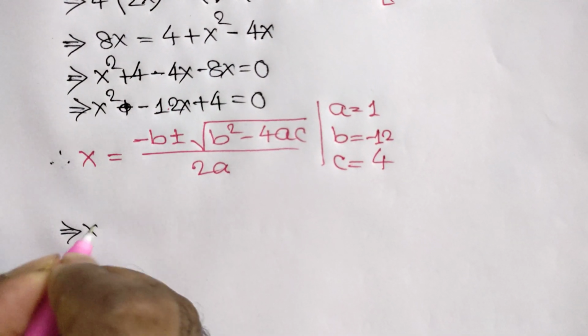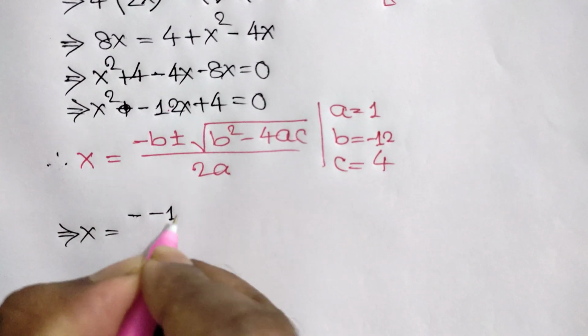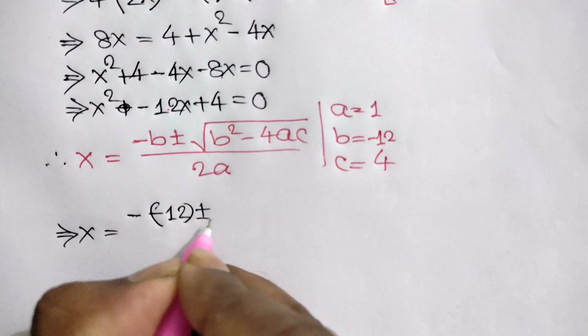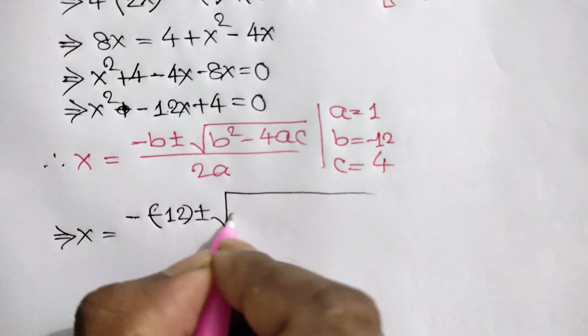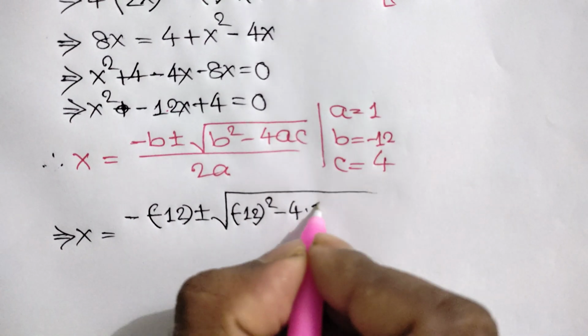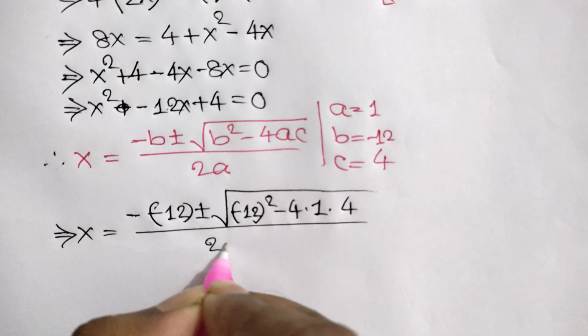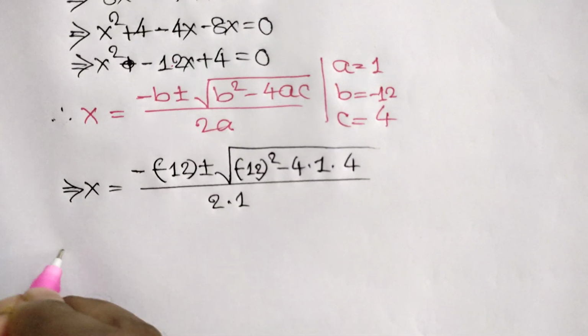So x is equal to minus b, and b is minus 12, so we can write minus minus 12 plus or minus square root of minus 12 square minus 4 times a is 1 times c is 4, over 2 times a is 1.